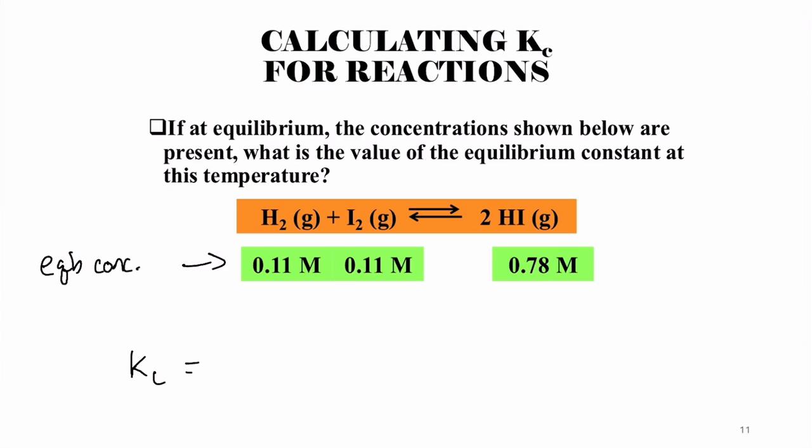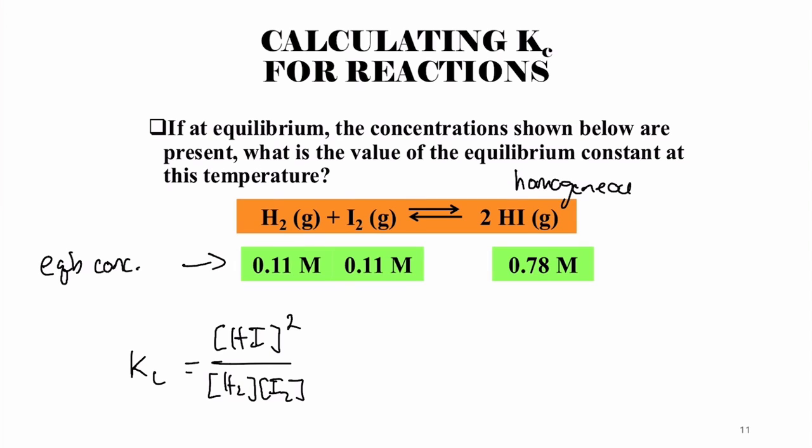So for Kc, it's just equal to HI squared over, I'll do variables first, H2, I2. They're all in the same phase, which means it's what kind of equilibrium? Yep, homogeneous equilibrium. So everything goes in the equilibrium constant.